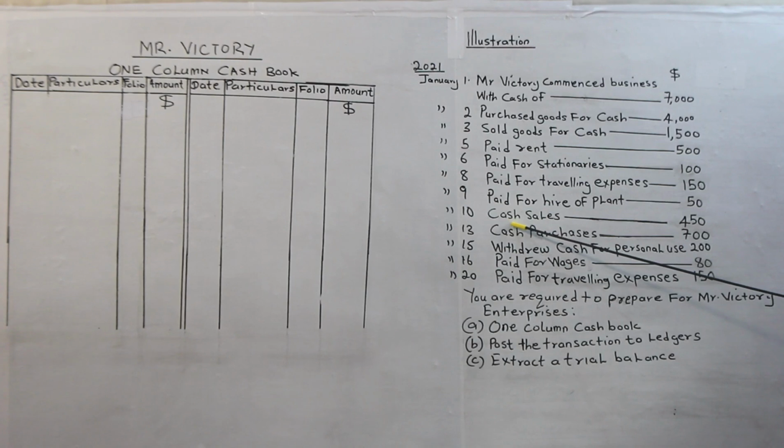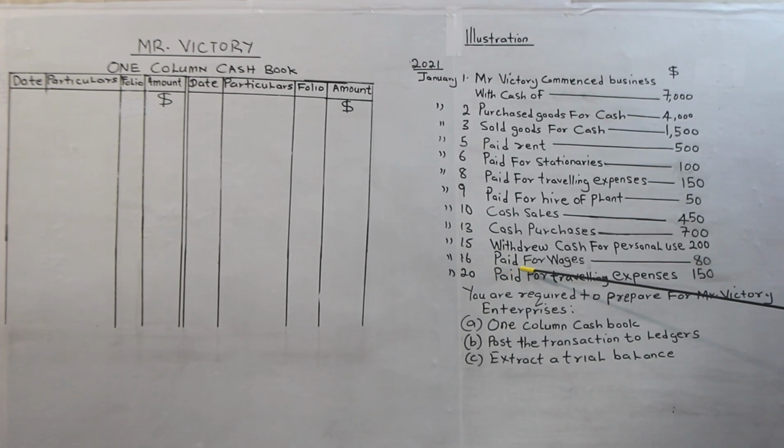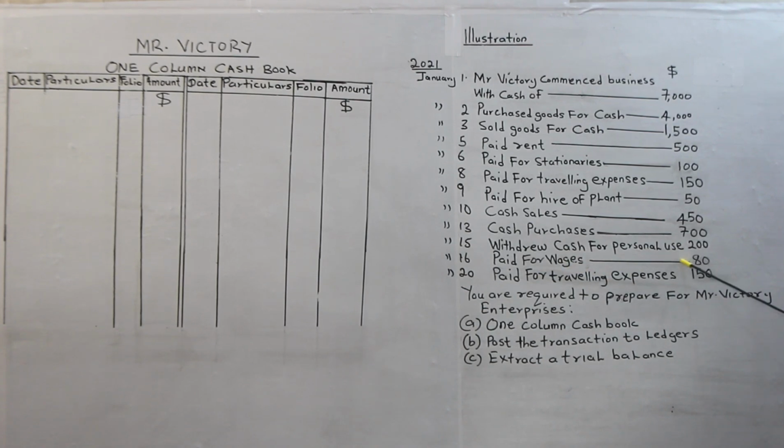January 10th, cash sales $450. January 13th, cash purchases $700. January 15th, withdrew cash for personal use $200. January 16th, paid for wages $80.